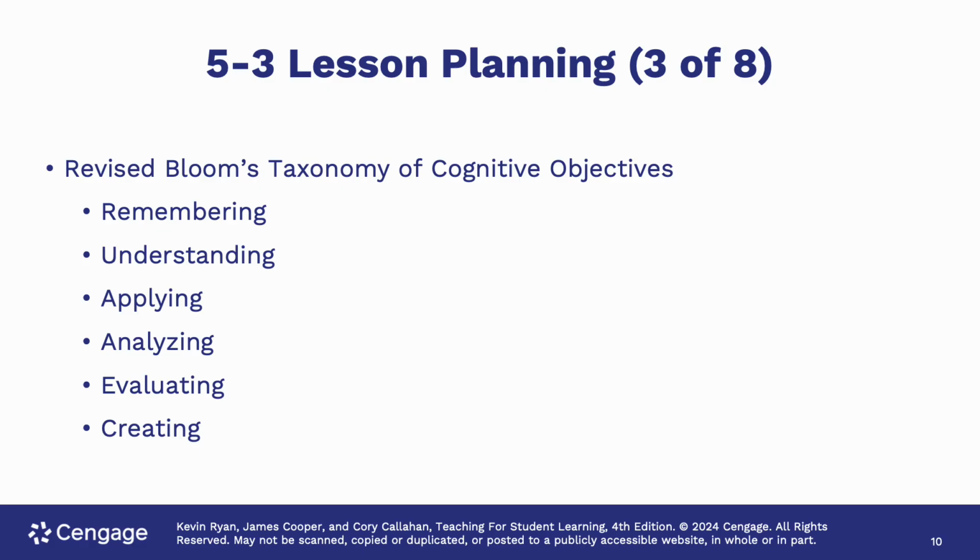When you apply it, that's taking it another step further. You already understand photosynthesis. Now what's going to happen if we add to the water molecules for that? Then analyzing. That requires the students to break the process down into component parts.